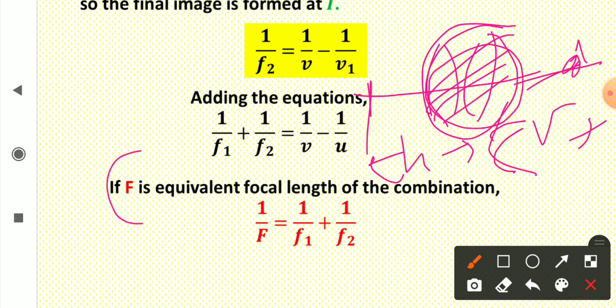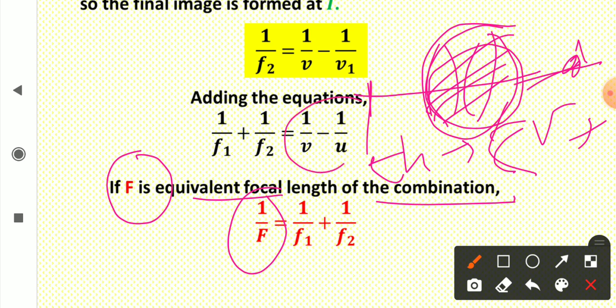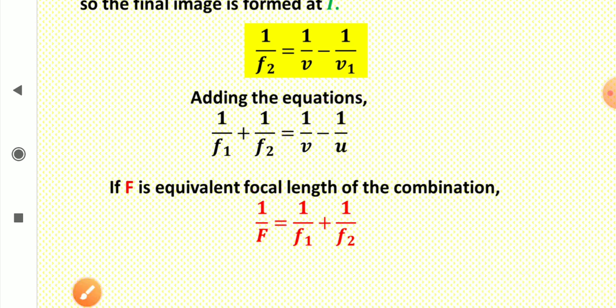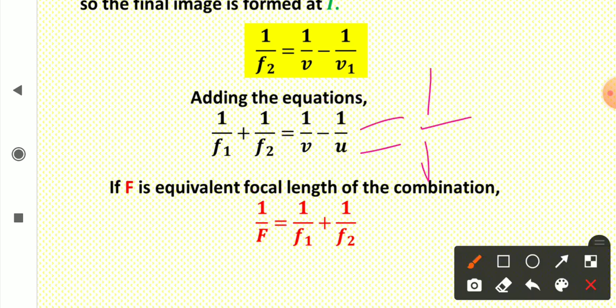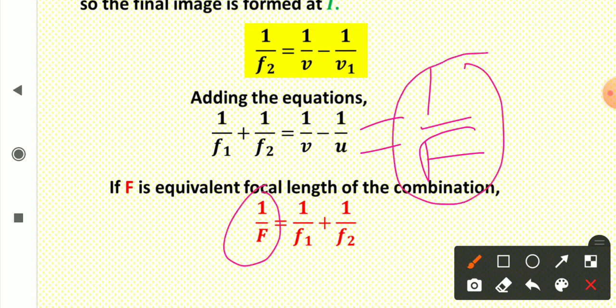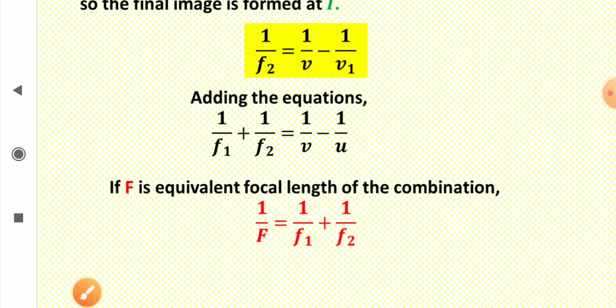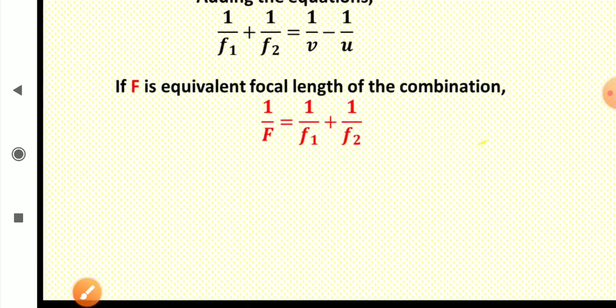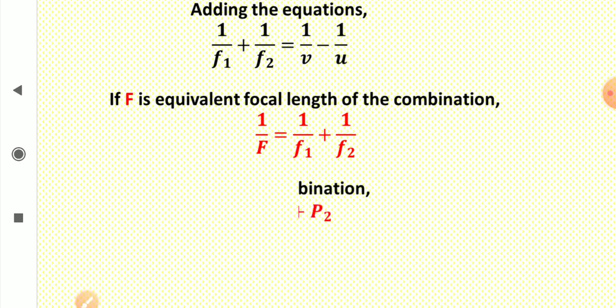This equivalent focal length of the combination will be given by 1 upon f. See, 1 upon v minus 1 upon u will be equal to 1 upon f. So that means 1 upon f is equal to 1 upon f1 plus 1 upon f2. So f is the equivalent focal length.